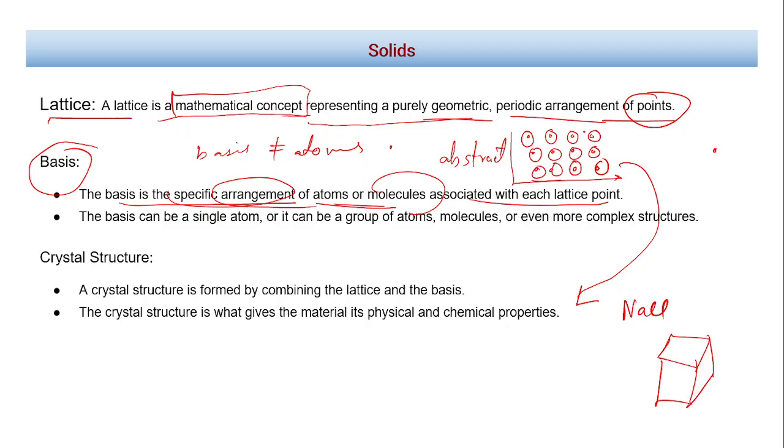This point that we were talking about, when we study crystals and solids, we call it a lattice point. It's just the name given to it. So when we put our atoms or molecules at these lattice points, we call that the basis. This basis can be a single atom, as I showed you here, or it can be a group of atoms or a molecule, or even sometimes a complex structure.